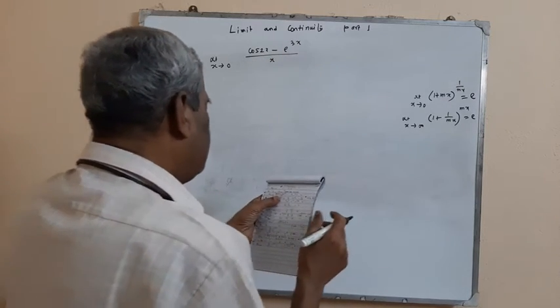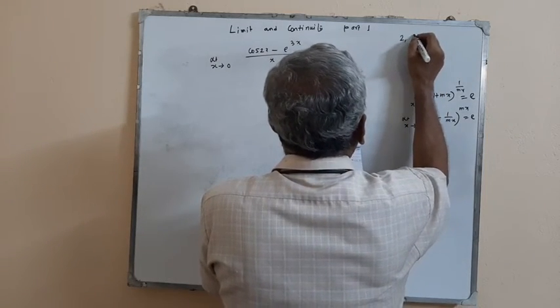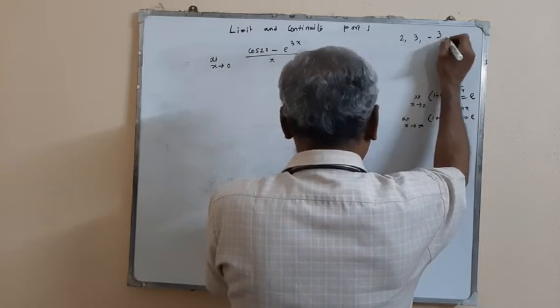Find the limiting value of that. Options are 2, 3, -3 and 1.